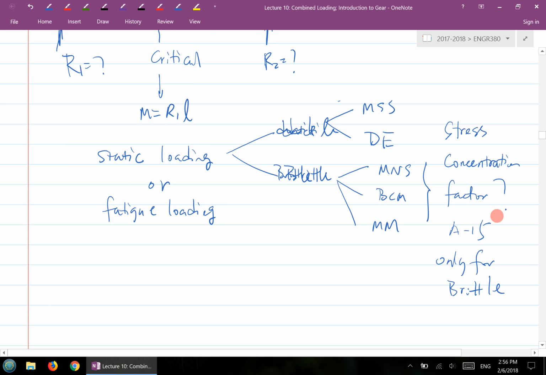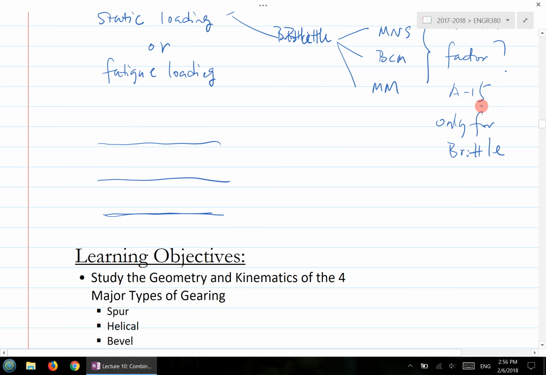And then when it comes to the fatigue loading, if you think about it, the first step is: what does the Se equal to?